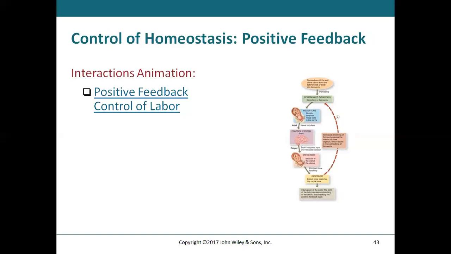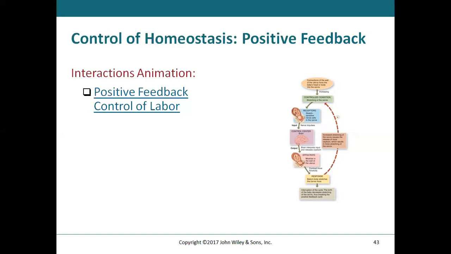It doesn't really have a negative feedback situation that happens until the very end of the process, in which homeostasis is returned to normal. So in the case of, let's say, labor, you have these contractions of the uterus that lead to stretching of the cervix, and then those stretch-sensitive receptors in the cervix signal the control center in the brain.